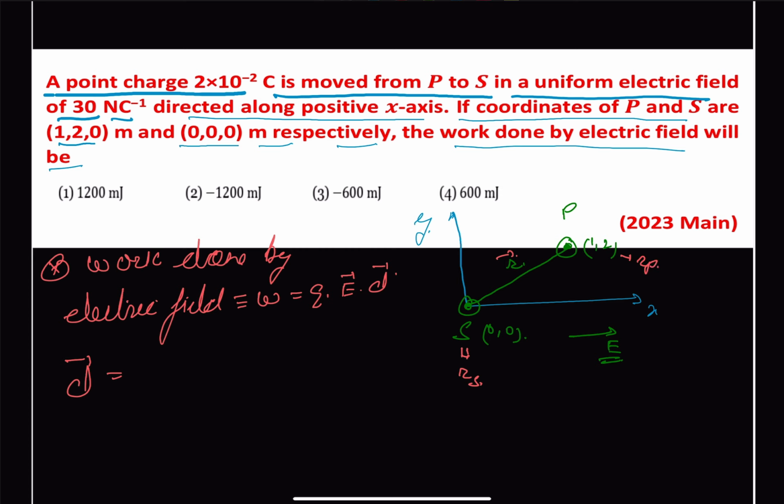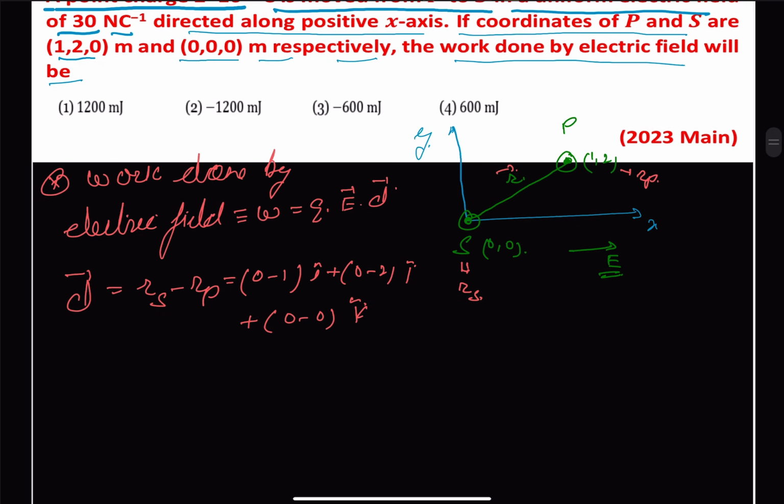Therefore, D will be RS minus RP, and this will be 0 minus 1 I unit vector plus 0 minus 2 J unit vector plus 0 minus 0 K unit vector. Therefore, our D, which we have called here as r, will be minus I minus 2J.